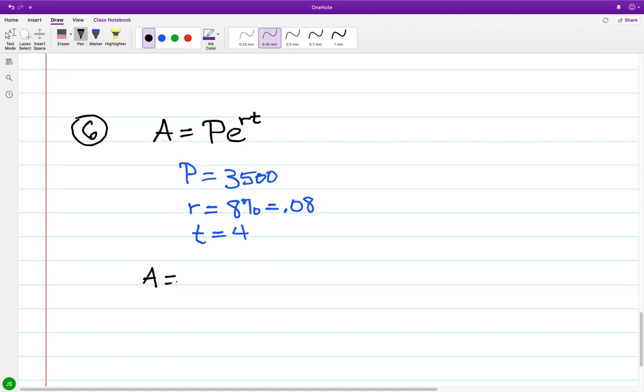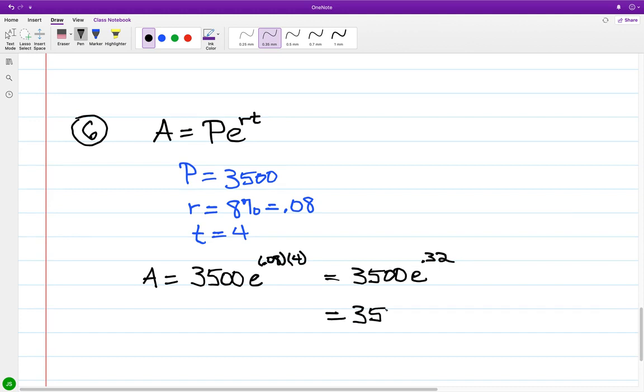So in looking at the future value, you have P, again 3,500, times E raised to the R times T degree. R we have at 0.08, and T we have at 4. So we are looking at 3,500 times E raised to the 0.32 degree.